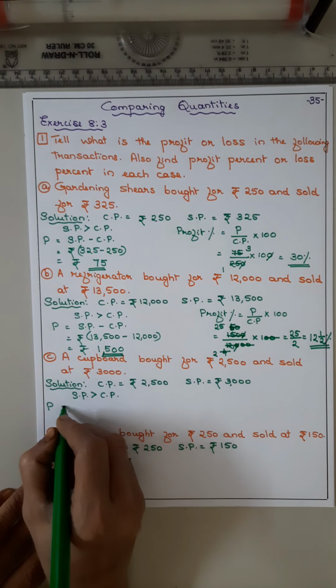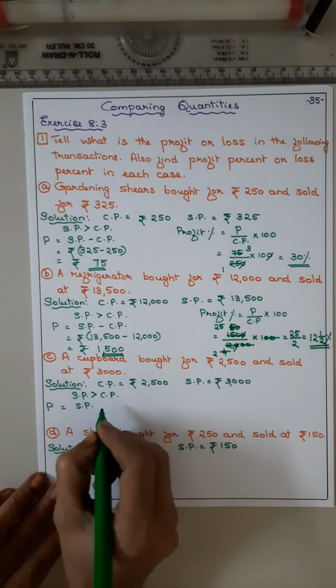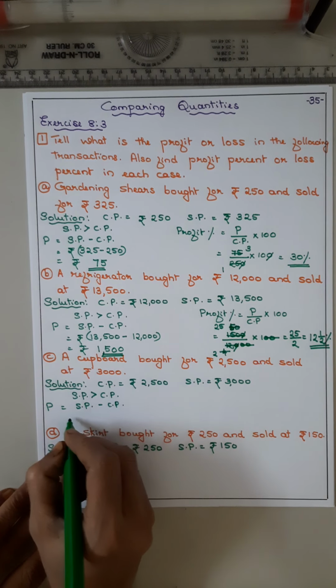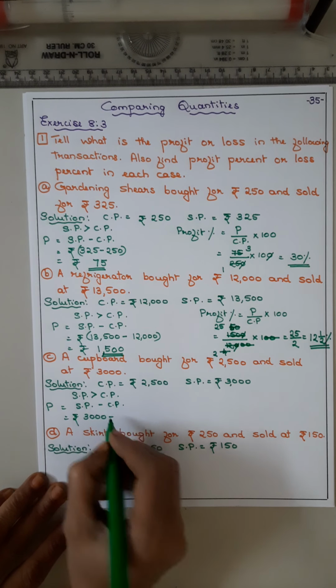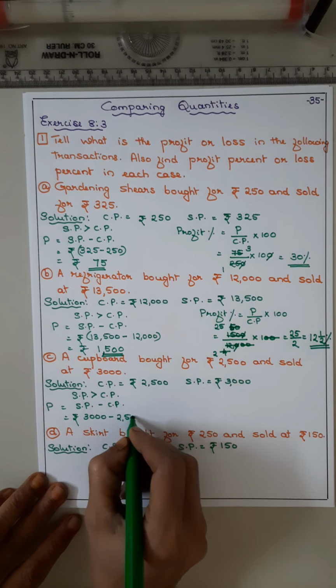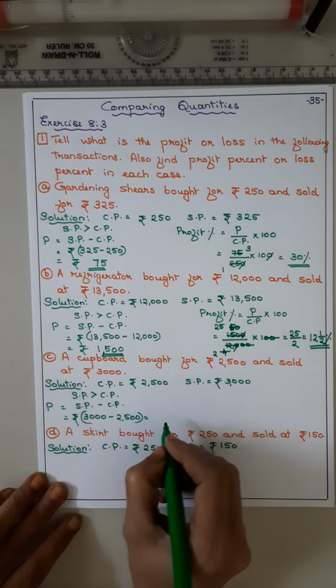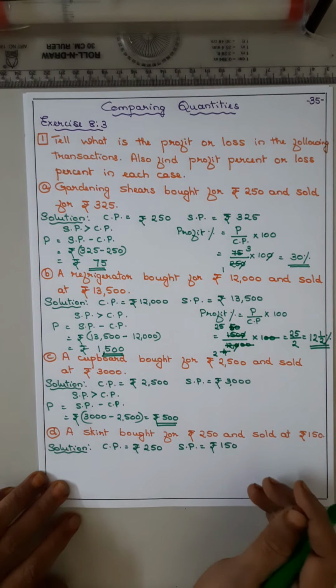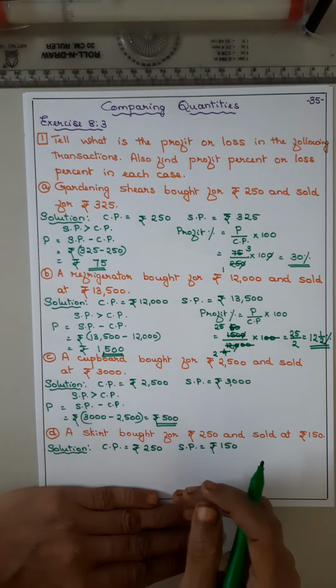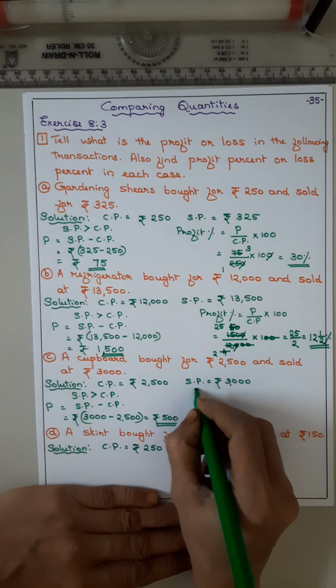So profit is equal to SP minus CP. Profit is SP 3,000 minus 2,500. How much did you get? Rupees 500, right?